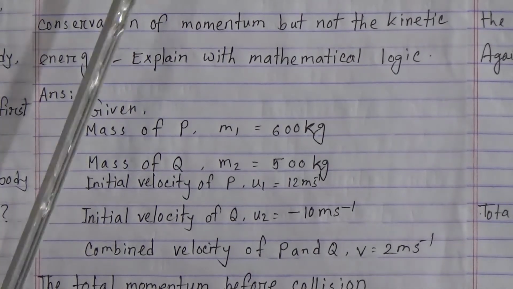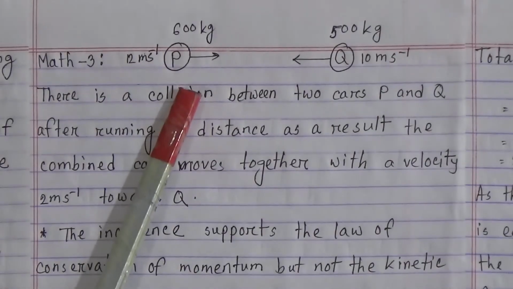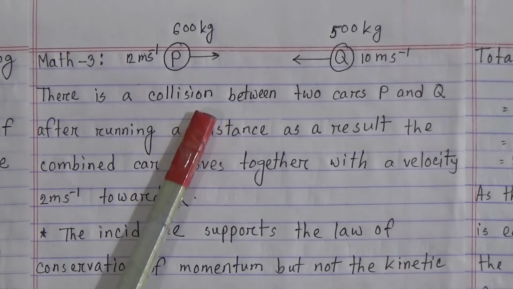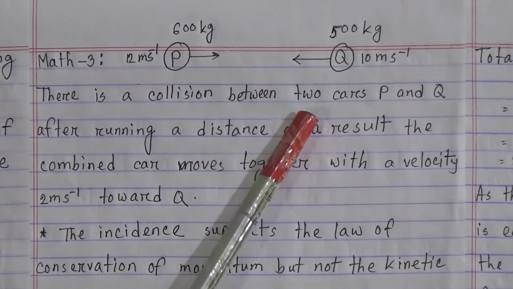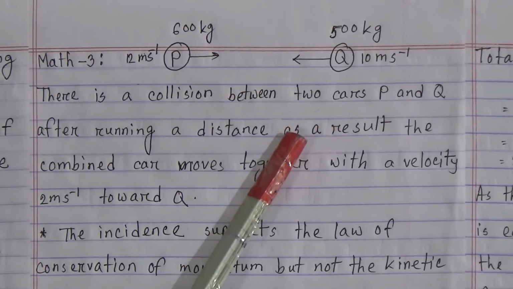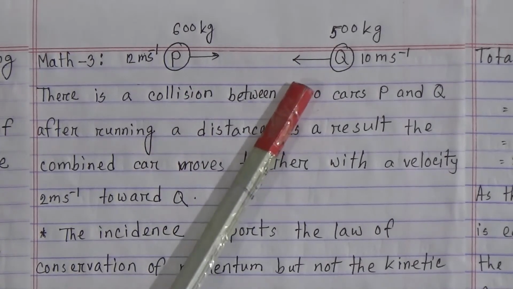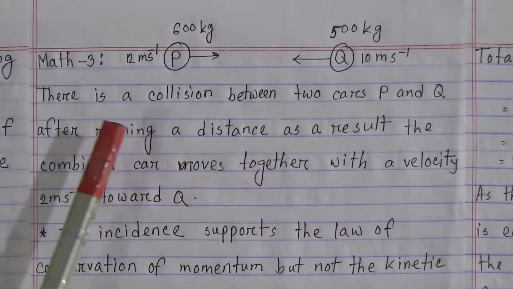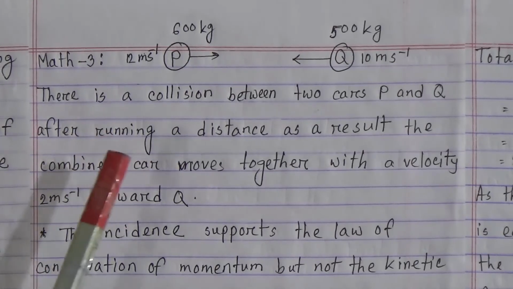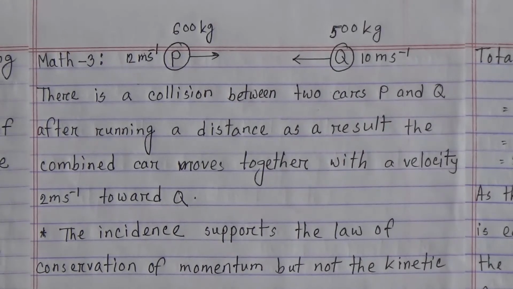Here, given the mass of car P is m1 equals 600 kg, mass of car Q is m2 equals 500 kg. Then initial velocity of car P, u1, equals 12 meter per second, and initial velocity of car Q, u2, is minus 10 meter per second, because this is the opposite direction, that's why we write minus 10.